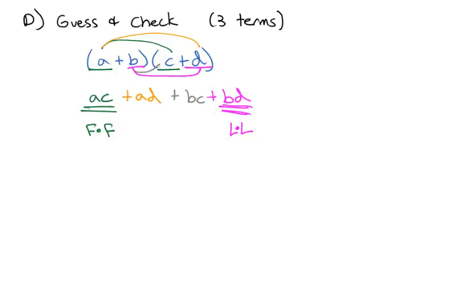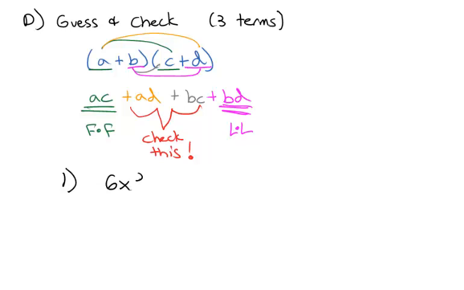We'll use that to guess what the last terms in each factor are, and then all we have to do is simply check. We're going to check the middle part to make sure that it works.